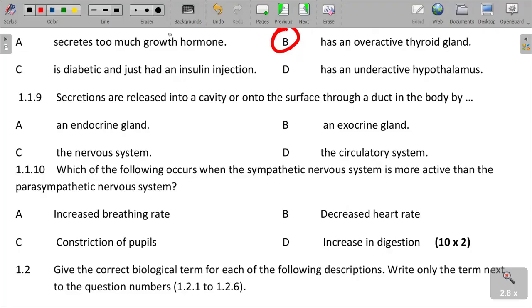So secretions released into a cavity or onto the surface through a duct are from the exocrine gland. The exocrine gland is the one that releases secretions. We are talking about hormones.